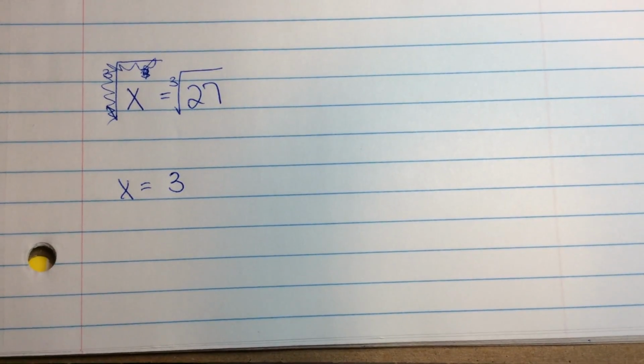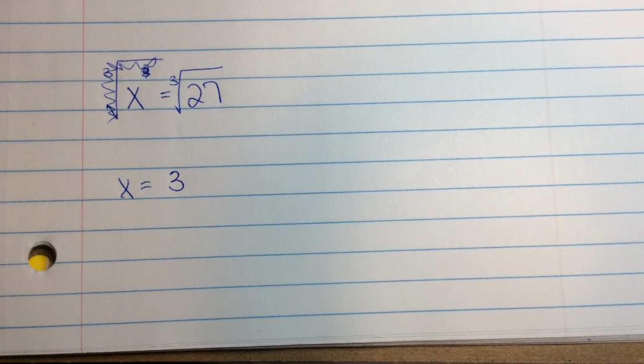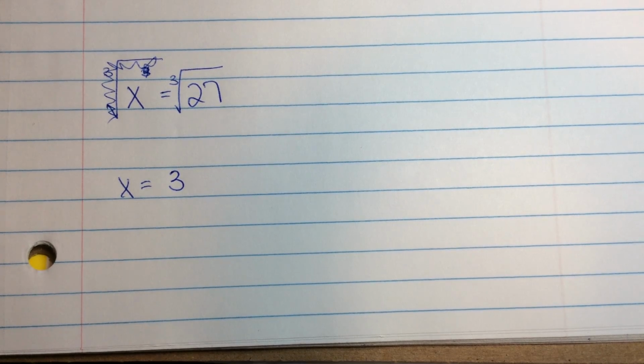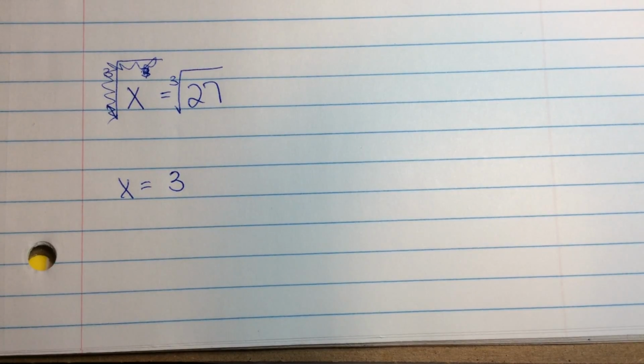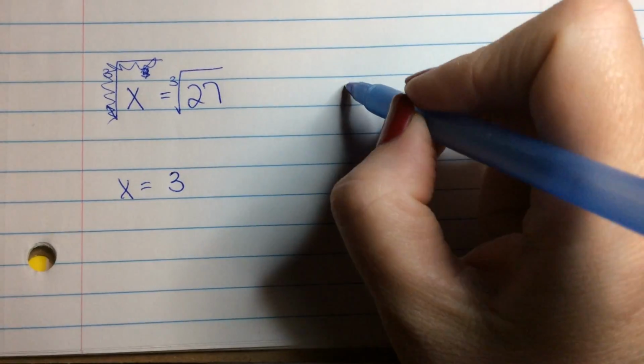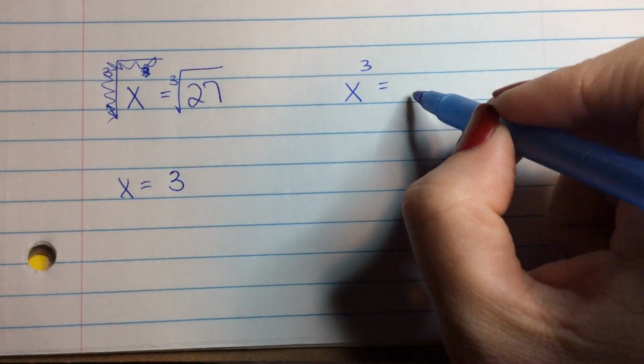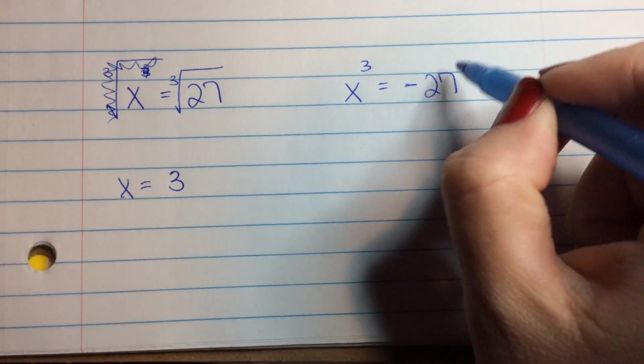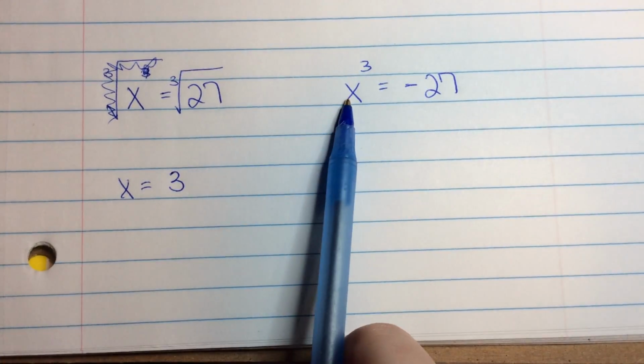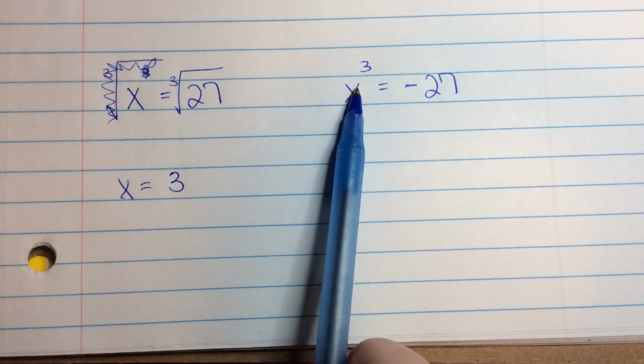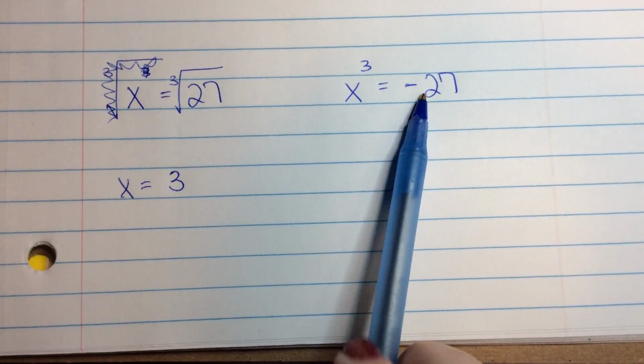But here's the thing. It's not positive and negative 3. Cube roots only have one answer, and this one is positive 3. The only way it could have been negative 3 is if the problem had looked like this: x cubed equals negative 27.